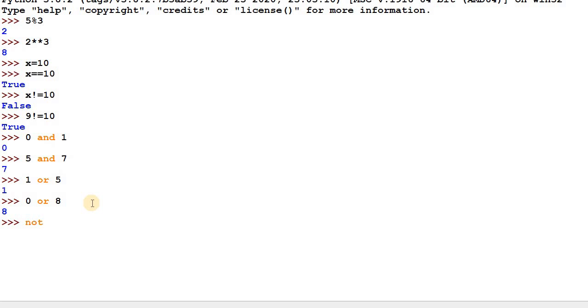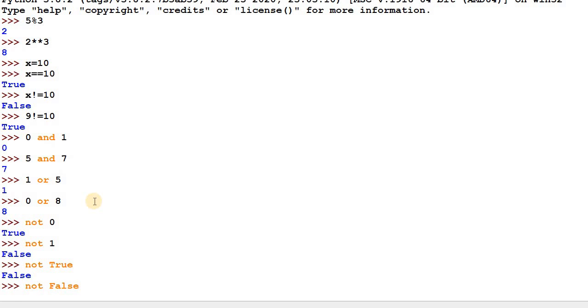And the last one is not 0. So 0 is false, so not false means true. Okay, not 1, 1 is true, so it will return false. Not true returns false.